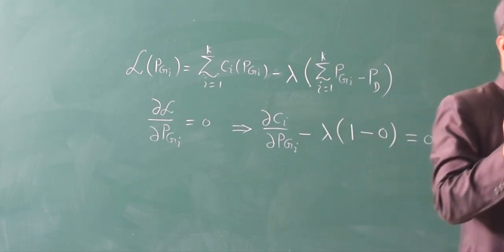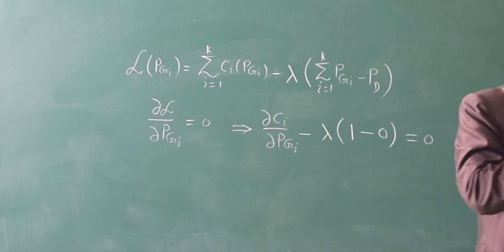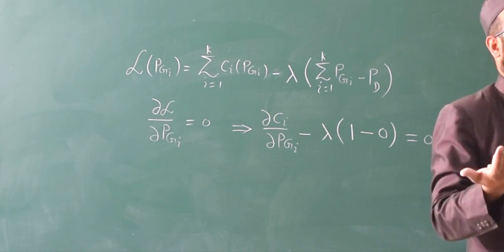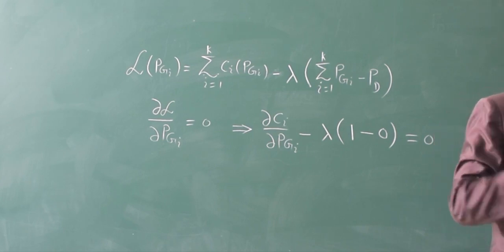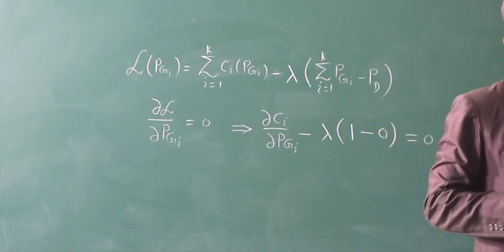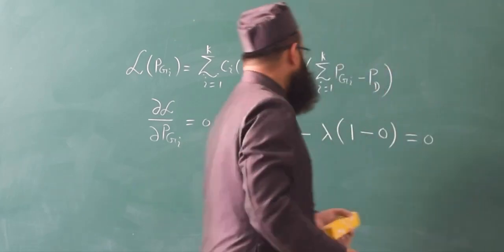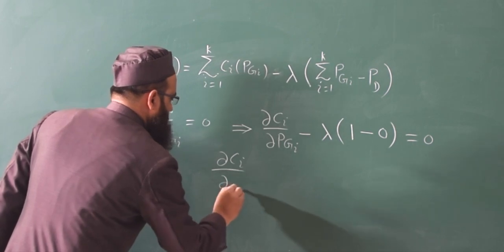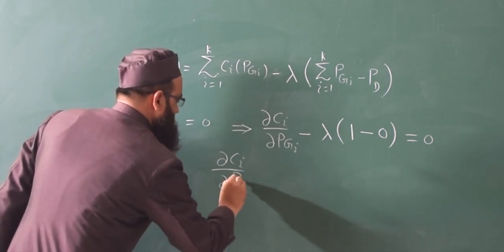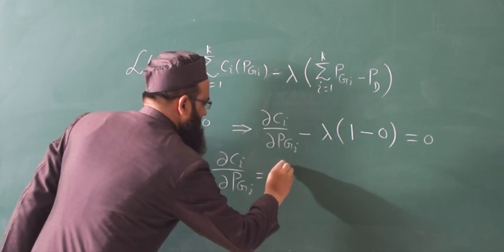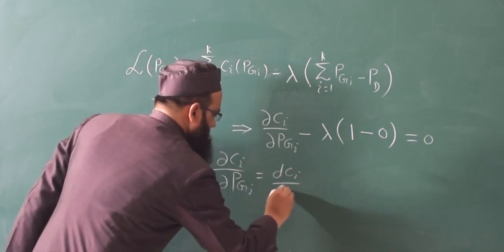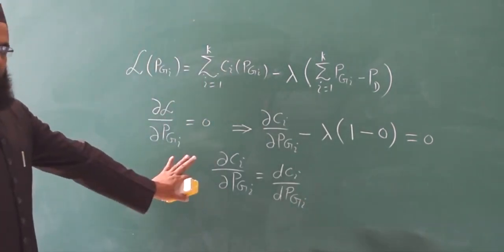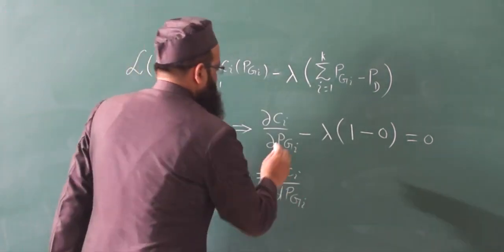It is independent of Pgi plus 1 or Pgi minus 1, right? Suppose i is 3. So C3 is depending on Pg3. It is independent of Pg1, Pg2 or Pg4 up to Pgk, right? So the partial derivative del Ci upon del Pgi can further be written as dCi upon dPgi. Can we write this?